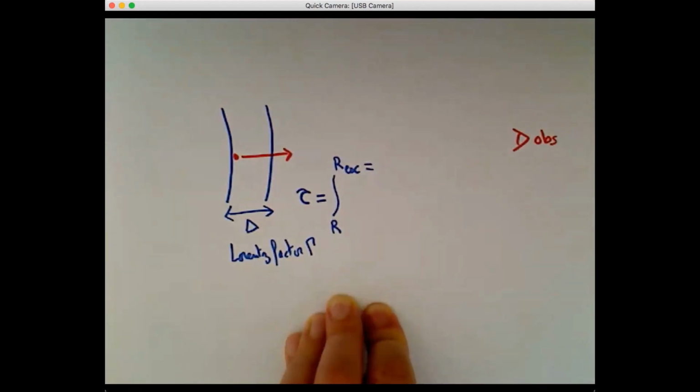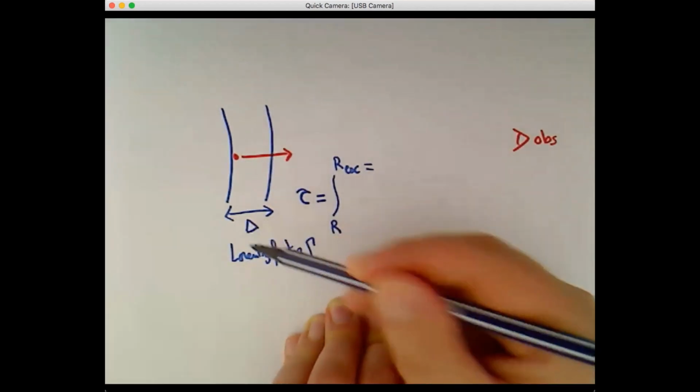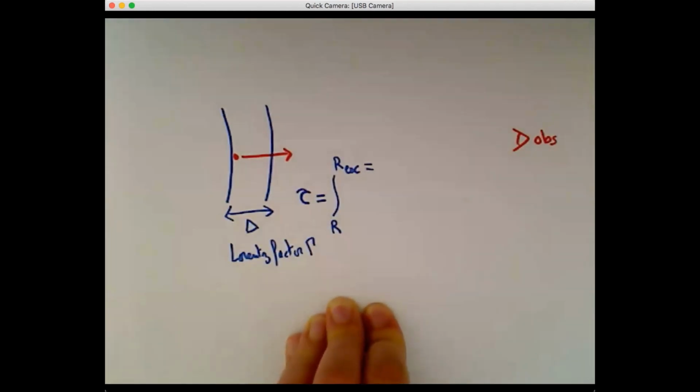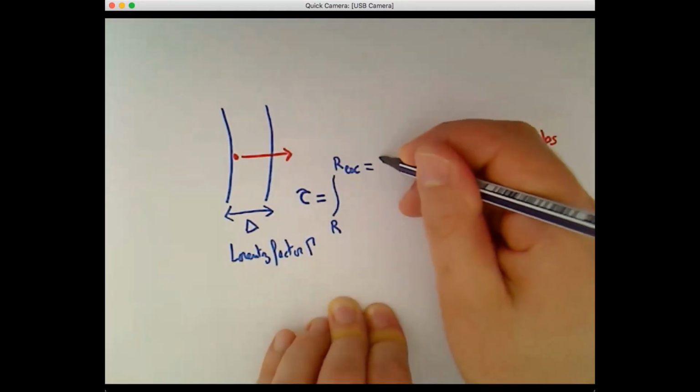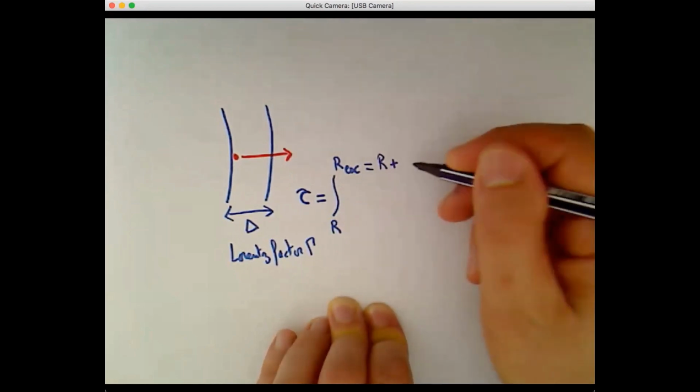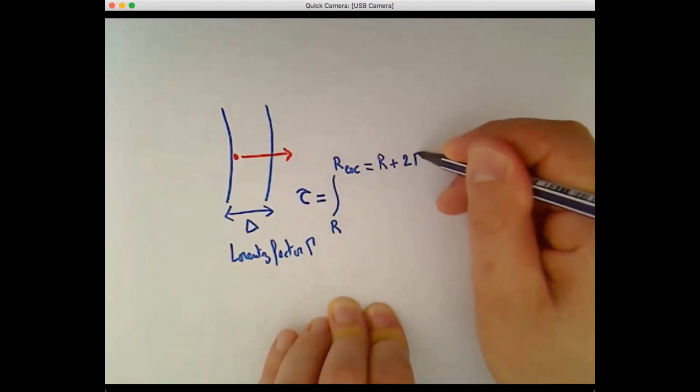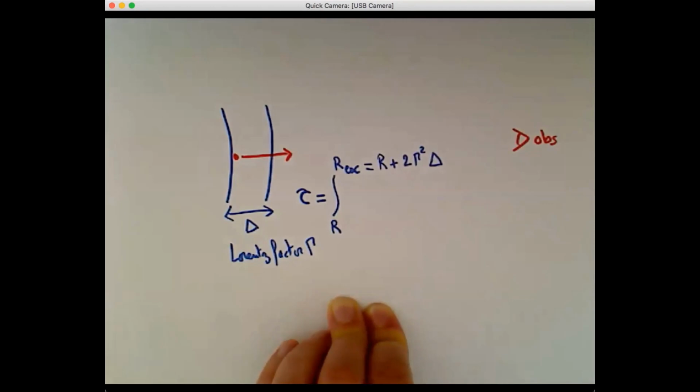You just have to take into account the width you need to cross and the relative speed between photons and the layer. And the difference of speed due to the ultra-relativistic motion is just c divided by 2 gamma squared. So in this case, it's easy to show that the escape radius is the emission radius plus 2 gamma squared times the width of the relativistic shell.